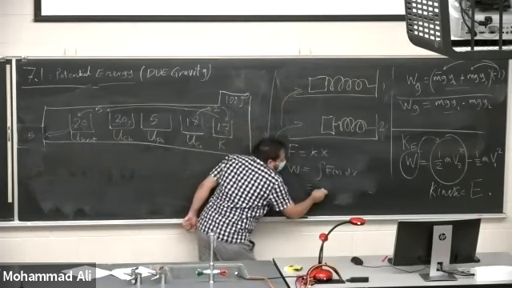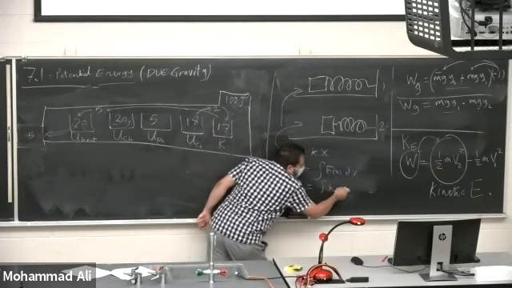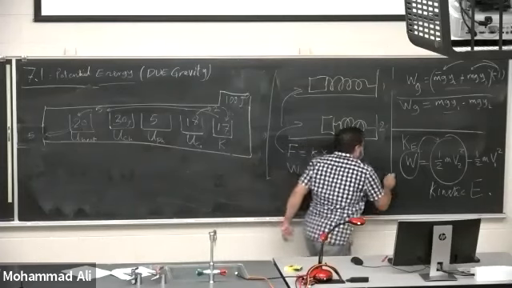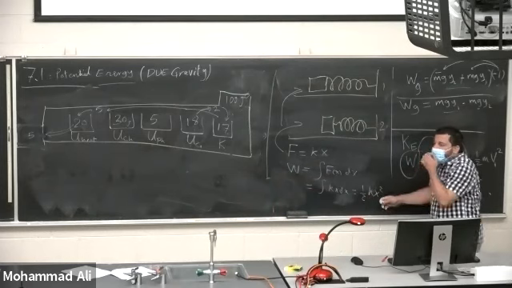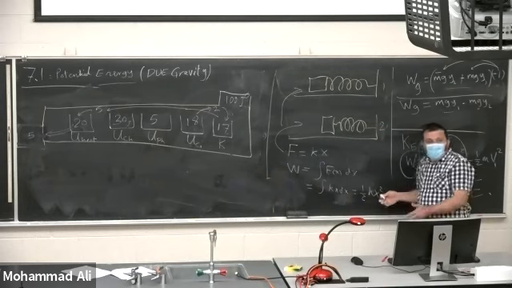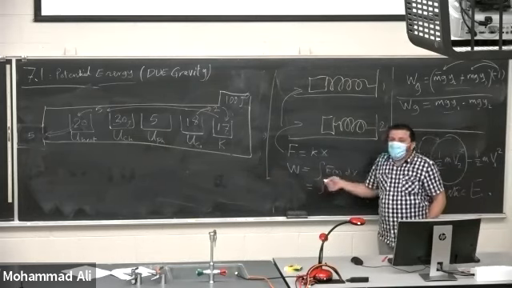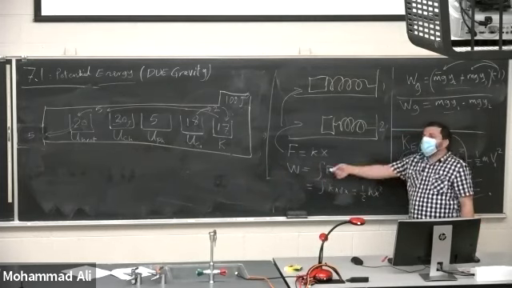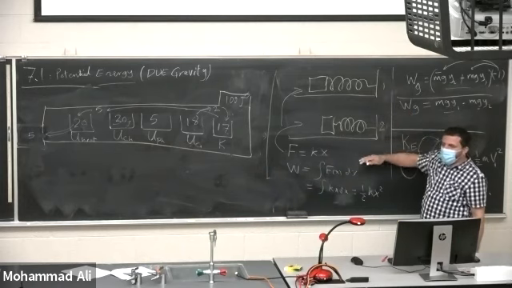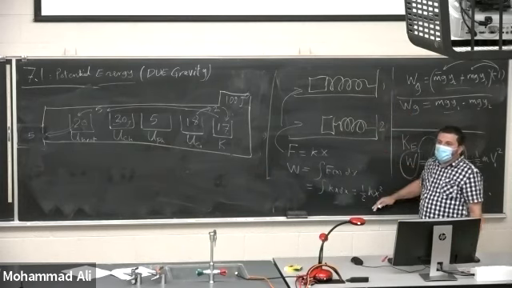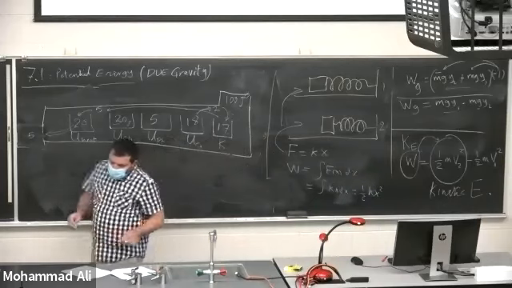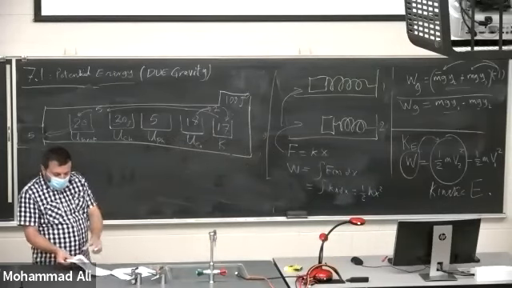This will be equal to the integration of Kx dx, which is equal to half Kx squared. This is the potential energy due to the spring. This is the elastic potential energy. We computed it before using the integration method in the previous lecture, but when we need to compute any example using springs, we will use it again. So this is the potential energy for a spring.